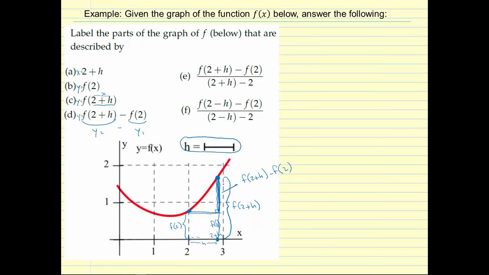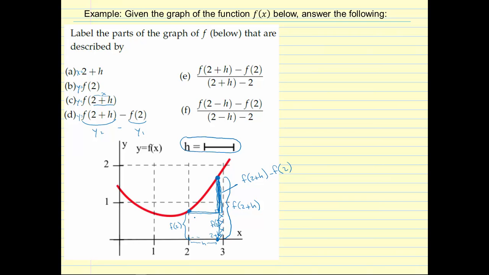And the way we see that is the entire distance is f of 2 plus h. And then if we want to subtract out this length, that's f of 2. That's what we get remaining, this distance right here.